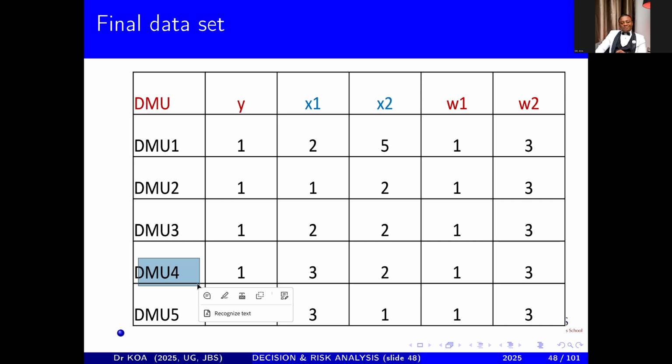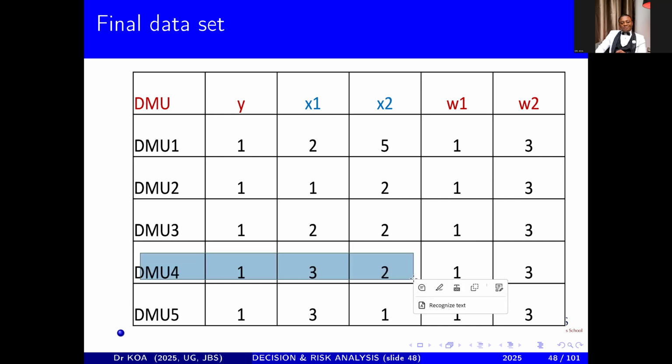Remember, every linear program with a primal model has got a dual. And the DMU4 inputs are 3 and 2. So we are going to model it for 3 and 2 for this DMU, but remember, it is in consideration with the other ones. How do you do that? This is the formulation.